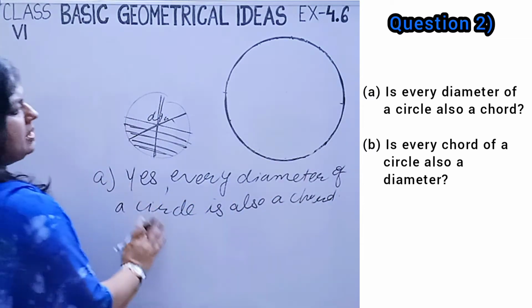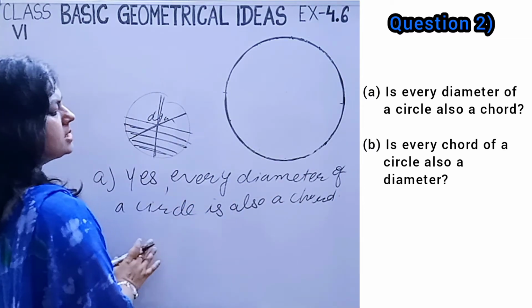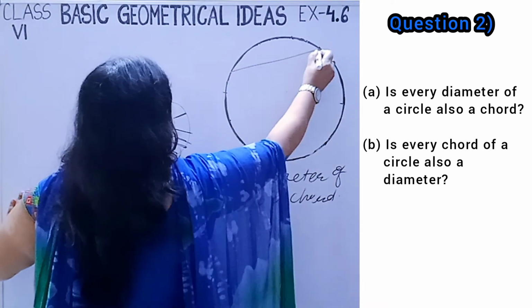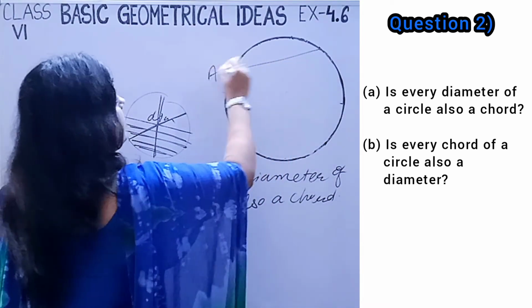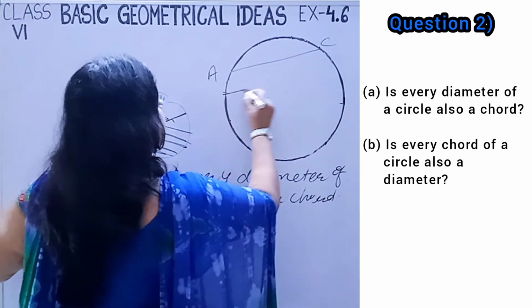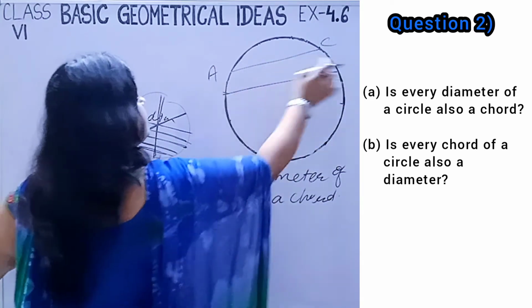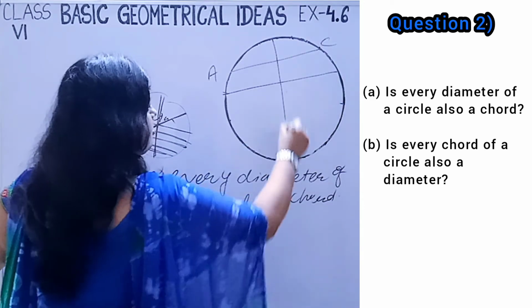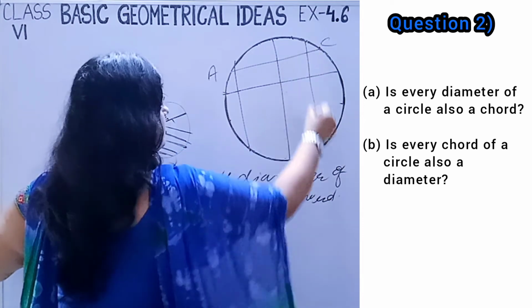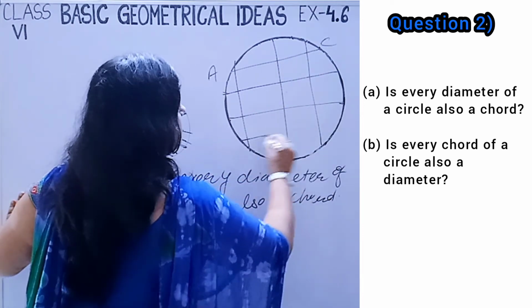Answer. Now B part. Is every chord of a circle also a diameter? So this one, AC, is a chord. This one is also a chord. If I draw from here, this is also a chord, chord, chord.